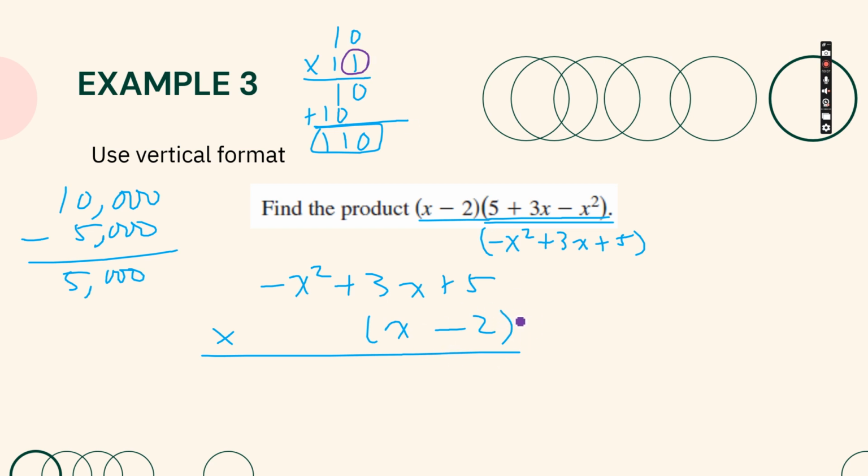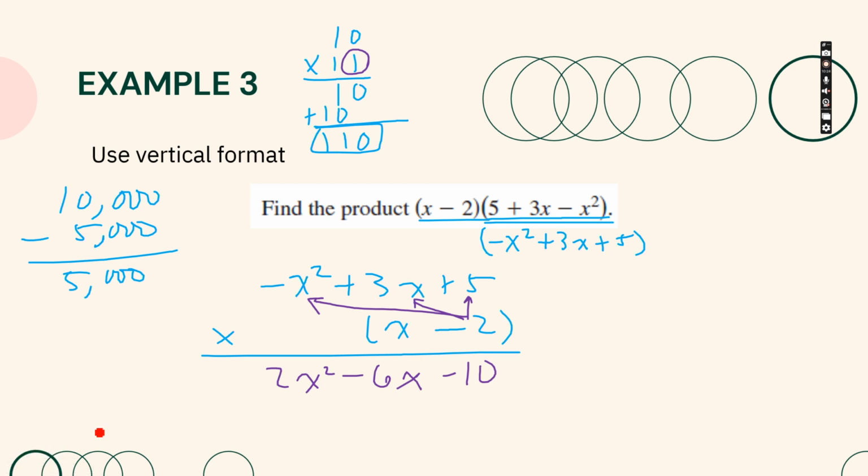Actually, I think we should. So we'll take this -2 and multiply it with the terms inside our big polynomial. So -2 times 5 gives us something like -10. -2 times 3x gives us -6x. And -2 times -x squared gives us a positive 2x squared here.